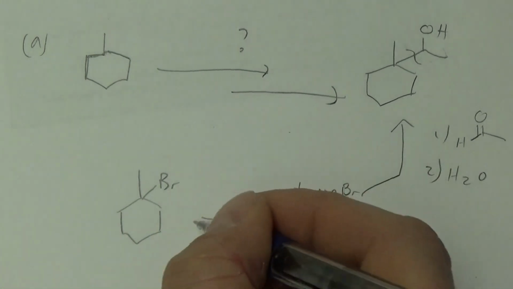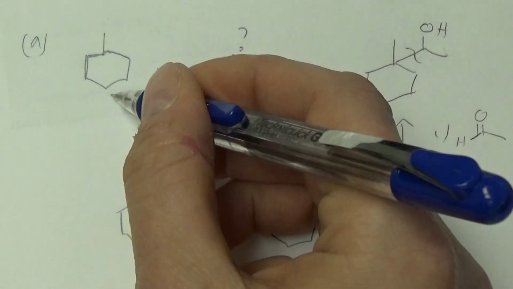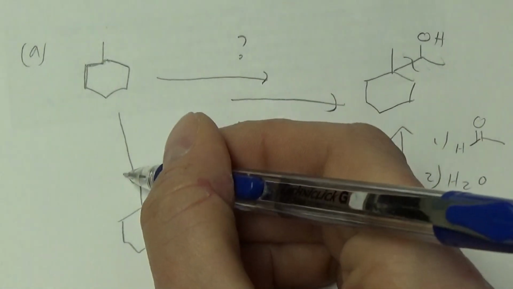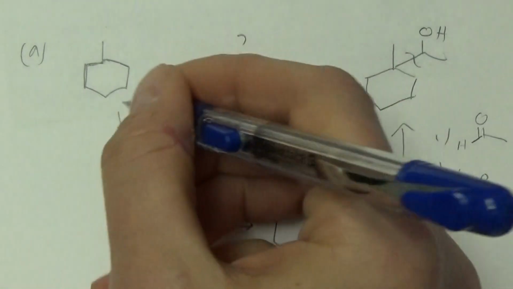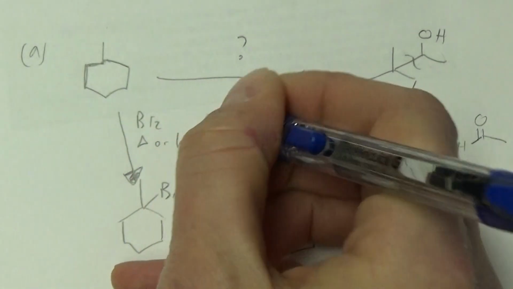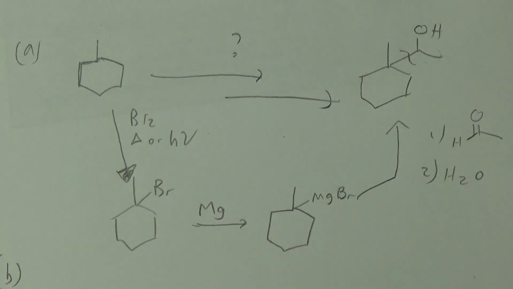And how do you do that? The reagent is Mg. Good. And how do we install that Br? This goes back to chapter 3, I think. It's Br2 with heat or light. Good. There's problem A.